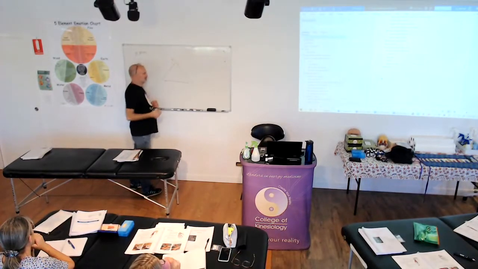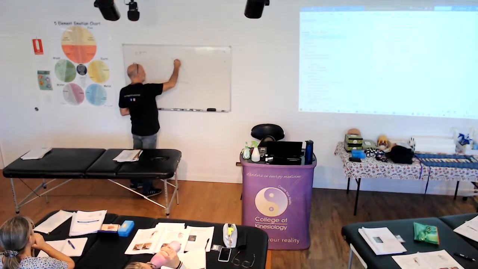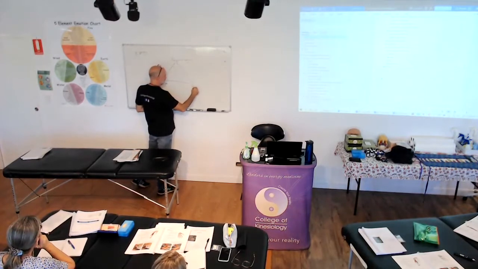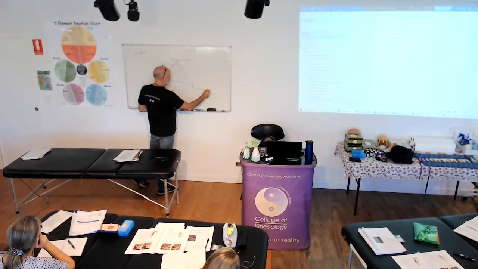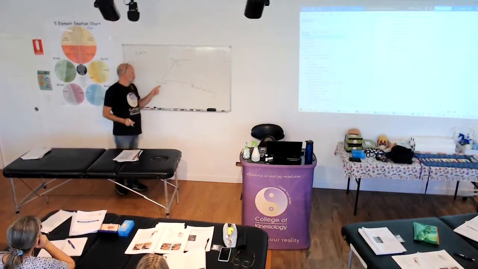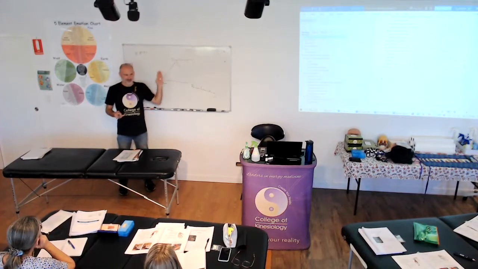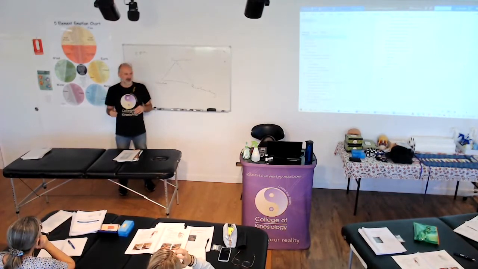So here we have psychology, and then you have structure, biochemistry, so structure, physiology, biochemistry, and they all relate together. That was the initial concept that was adopted by kinesiologists emerging from chiropractic.